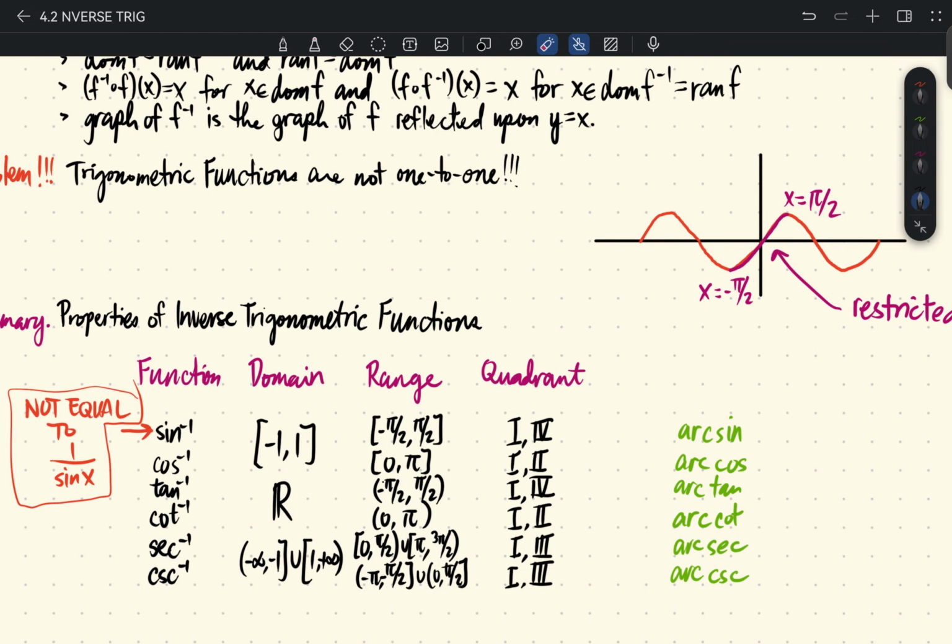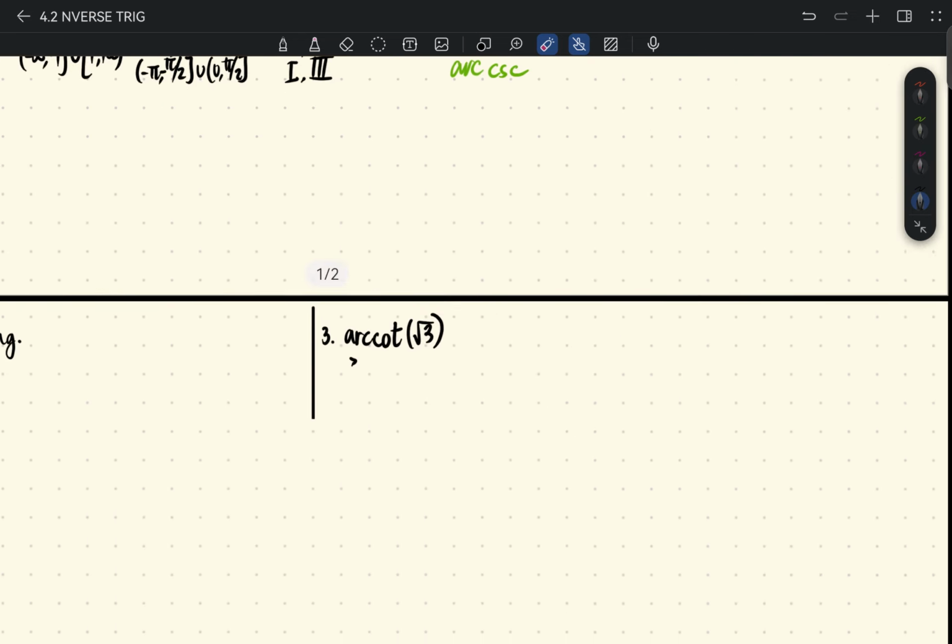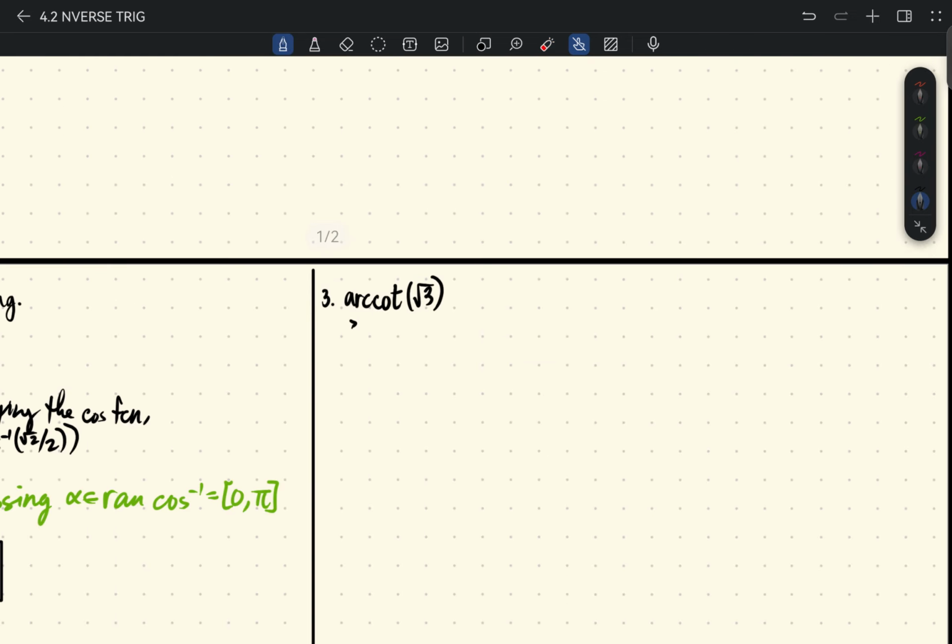And the domain of arc cot, or your cotangent inverse, is the set of all real numbers. So square root of 3 is inside the domain of arc cot. So that means we can proceed to our solving.